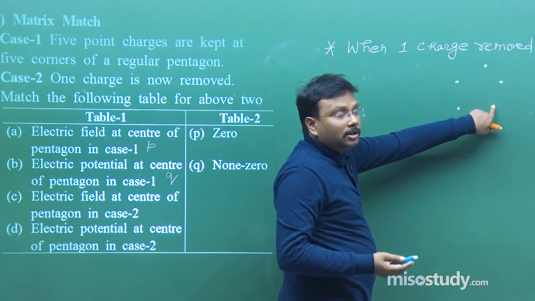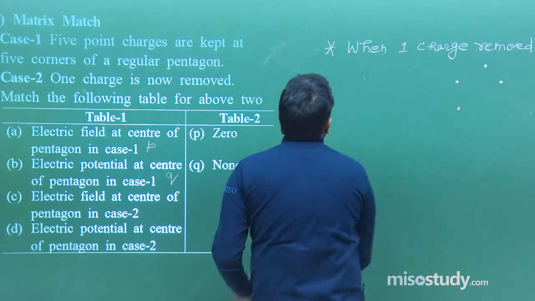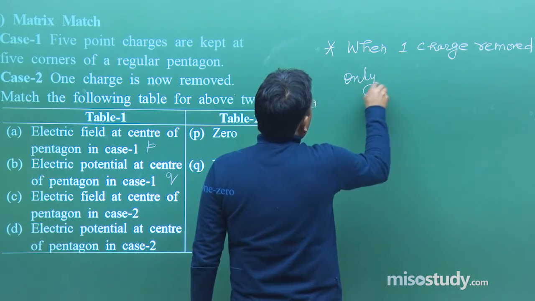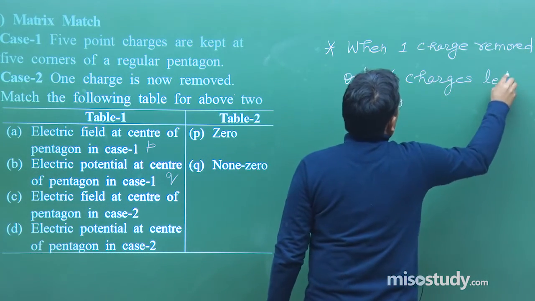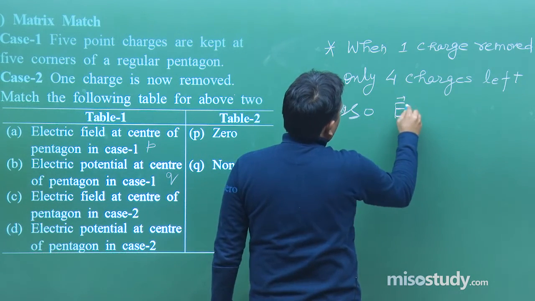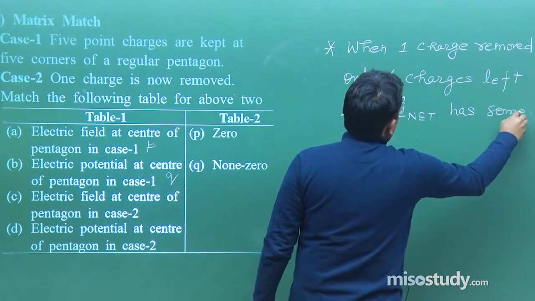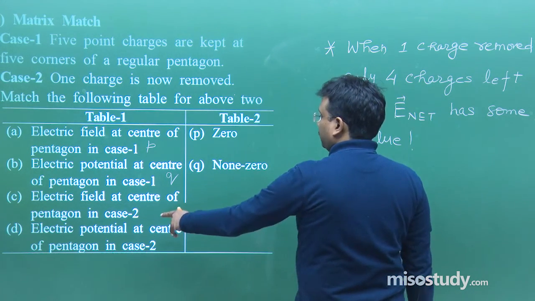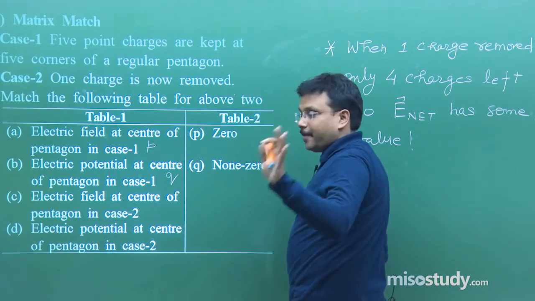This charge is missing, not there. So, these 4 charges will definitely give some resultant field. So, when one charge is removed, only 4 charges are left, so E net has some value. Therefore, you can say that for C, Q is correct. It's definitely not going to be 0, it's definitely going to be some value.